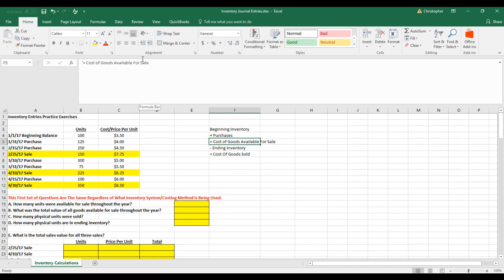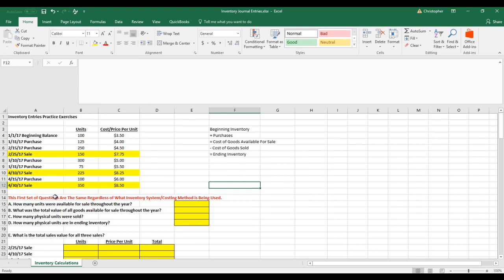So what we usually do is, from cost of goods available for sale, we subtract out the ending inventory that we can actually count, and that leaves us with the cost of goods sold. You can easily flip these two around. You can subtract the cost of goods sold, and you'll get ending inventory. That just shows that those goods that were available for sale are in one place or another. So that might help to explain some of what we're doing down here.